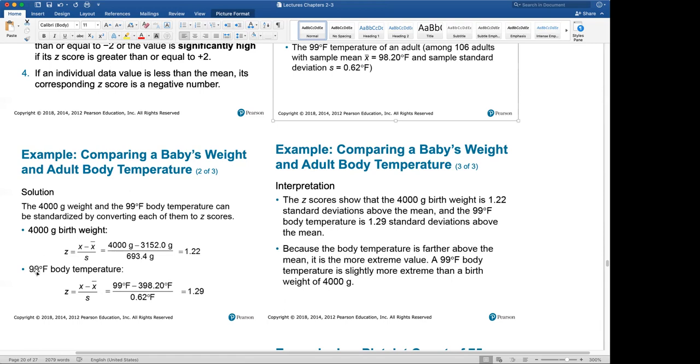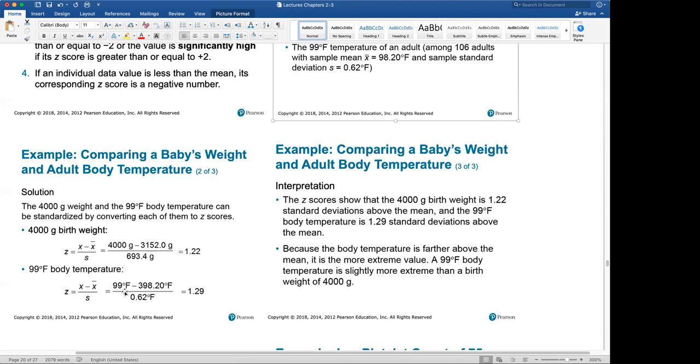What about the second data set, the 99 degrees Fahrenheit body temperature? We got 1.29, still within x bar minus 2s and x bar plus 2s. So 99 degrees Fahrenheit is not a significantly high data value either.